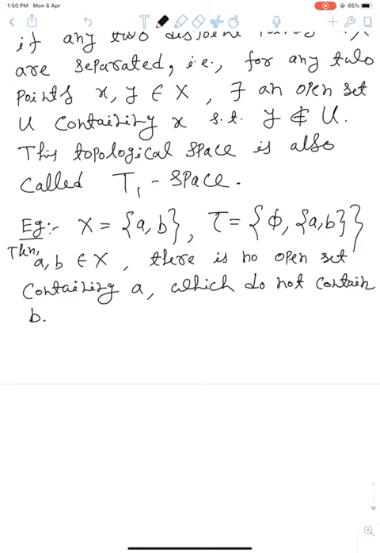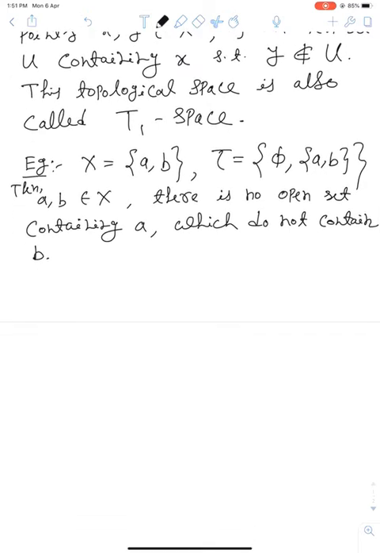That means this space is not T1. That implies that the topological space (X, tau) is not a T1 space.